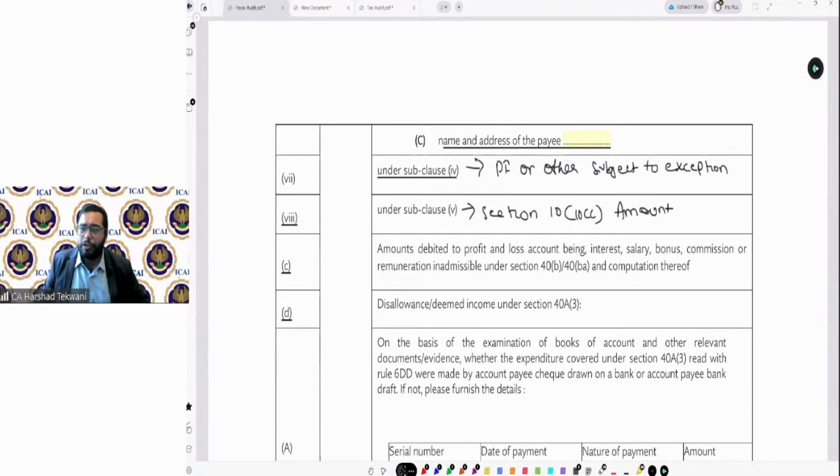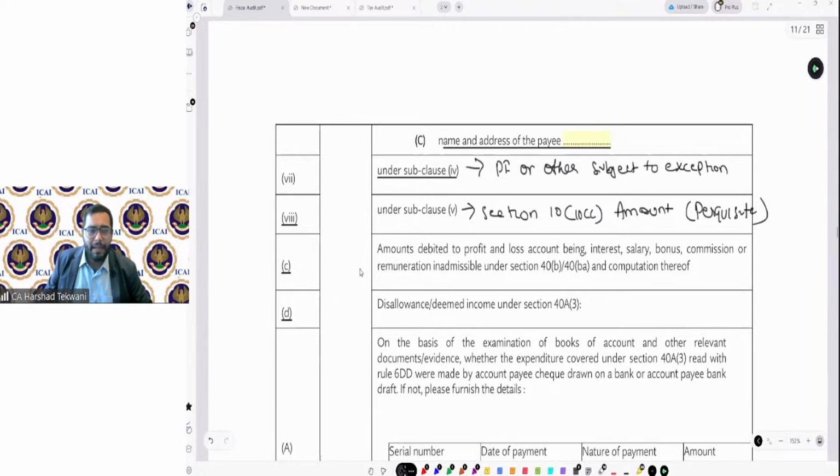Basically, 10CC talks about the case of an employee, being an individual, deriving income from perquisites not provided by way of monetary payment. So it talks about basically a perquisite for the employee.